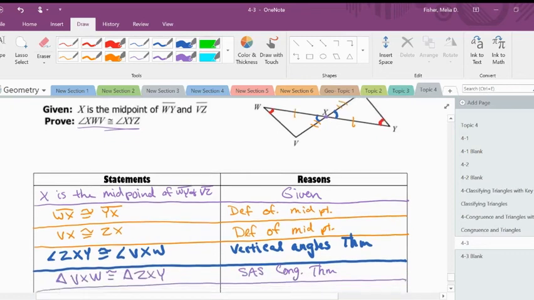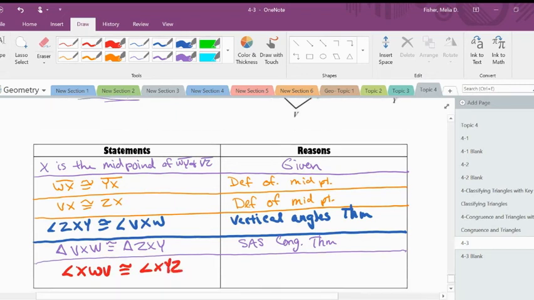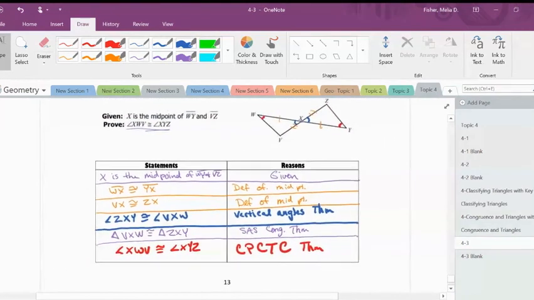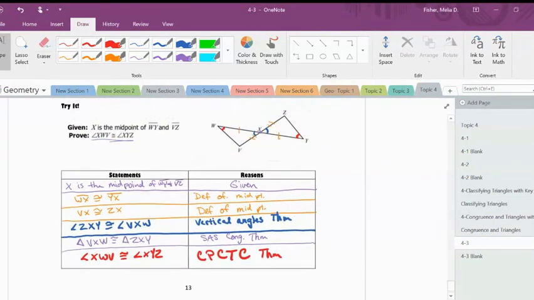And we can say that those are congruent. And our reason for that is that corresponding parts of congruent triangles are congruent. I'll put it all on the screen for you.